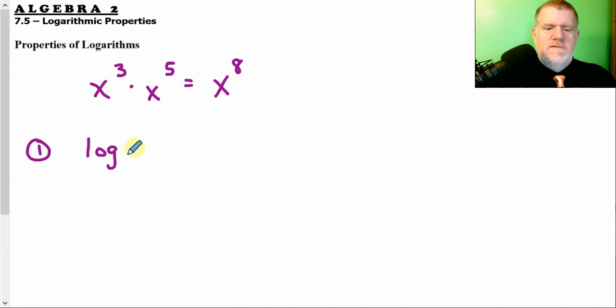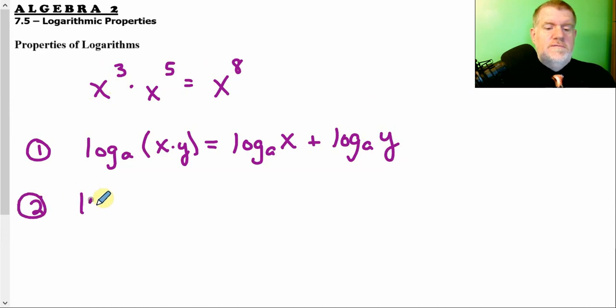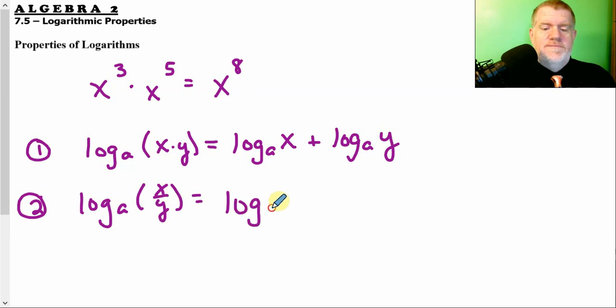If I take a log, doesn't matter what the base is, and I multiply two numbers together, I can break that up to being the same as adding those logs. And it works on the same principle as this up here that you know. When you break up a log, if you're multiplying, you can add the logs, which means when you divide, guess what? Yeah, you subtract the logs.